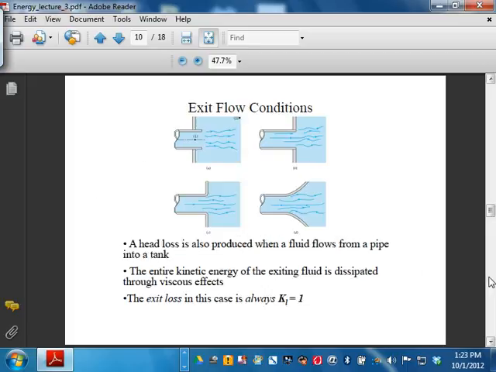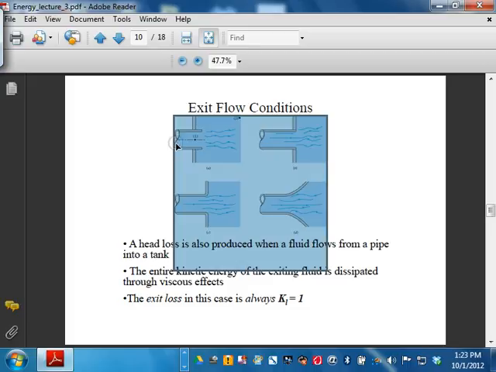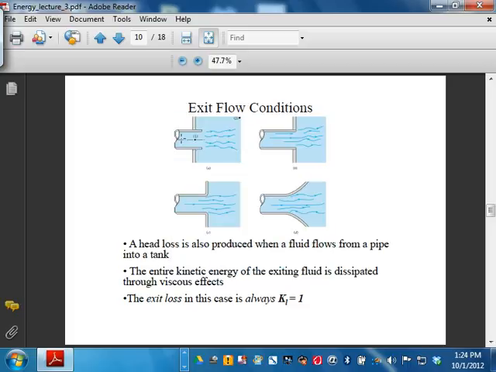I think the next one is pipe entering into tank. In this case the KL is one. Here the flow is moving at what velocity? In the pipe, it's V. There's not really U infinity because it's a pipe profile, but more or less the mean velocity.